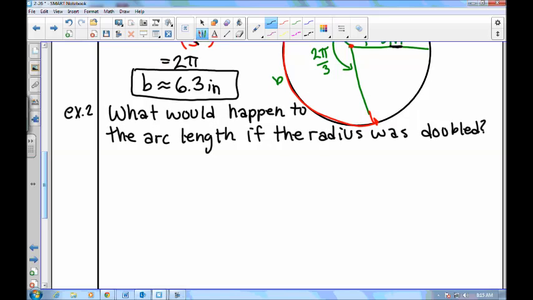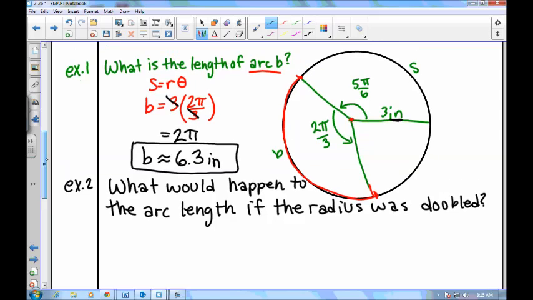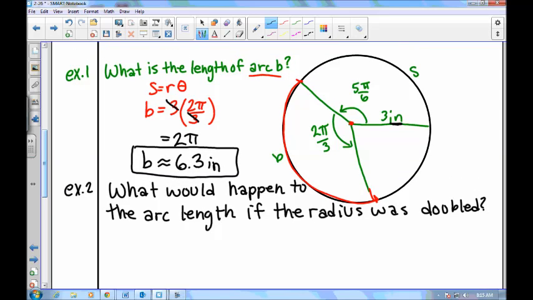I'd like you to calculate that and then make an observation, please. Same picture. It's still going off of that circle. What would happen to the arc length if the radius was doubled? Calculate it out and make an observation, please.